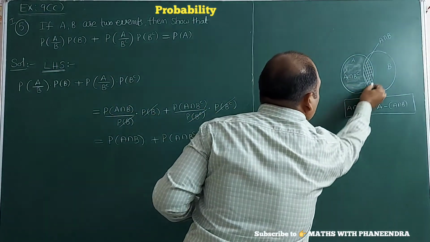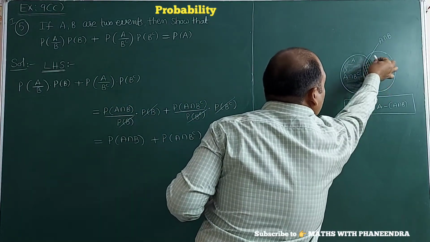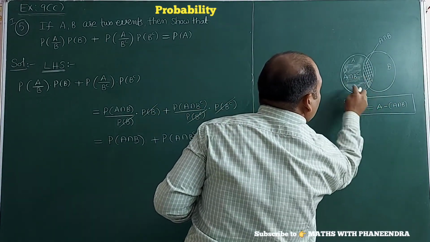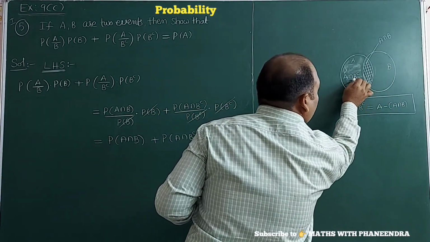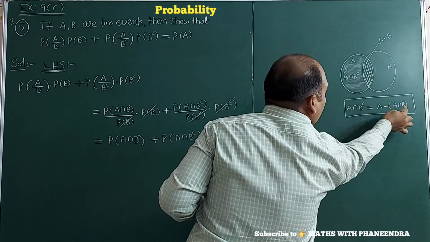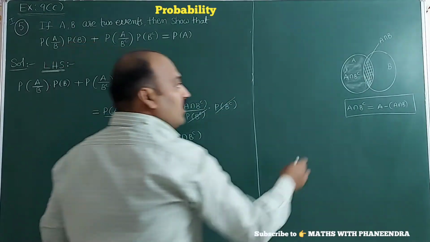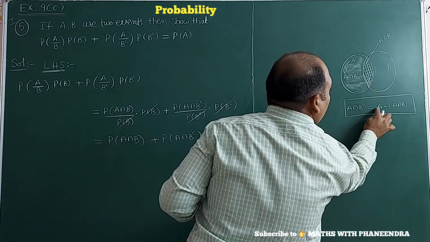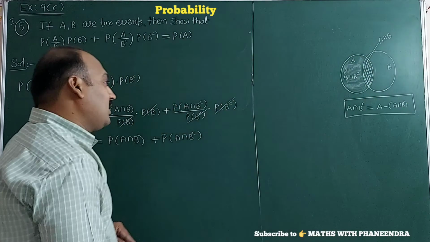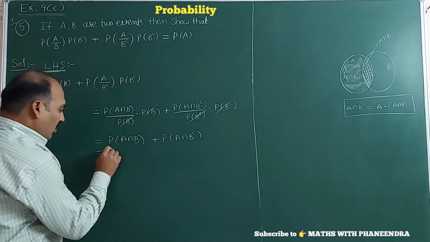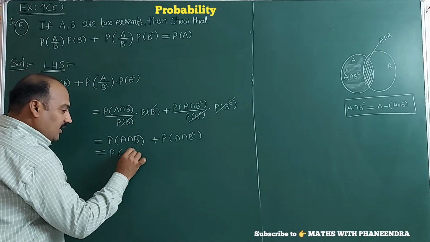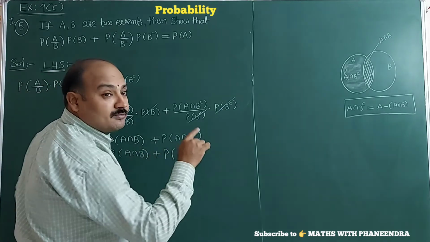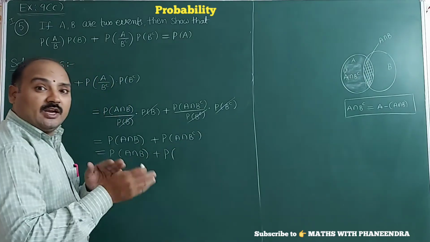That means from here to here it is A, and in this we are eliminating A intersection B. So the remaining A intersection B complement can be written as A minus A intersection B, from the figure. So we get P of A intersection B plus P of A minus A intersection B, from set theory.